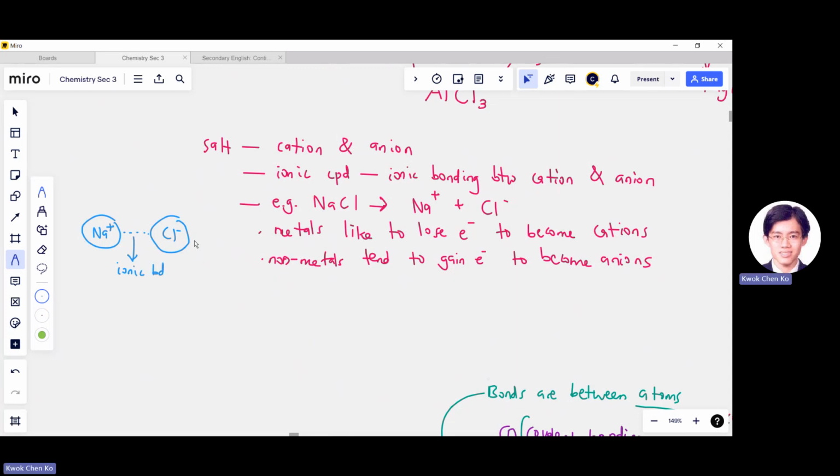But what exactly is an ionic bond? Now, essentially, you will be asked to describe it sometimes. It is, okay, try to follow the words. Strong. You need to include that word in. Electrostatic attraction.